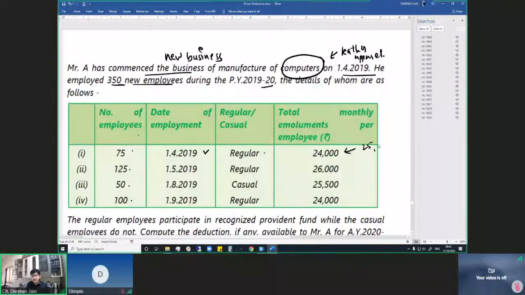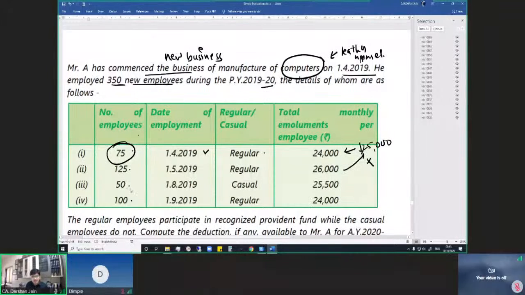That is lesser than 25,000. Since it is less than 25,000, they all qualified to be classified as additional employees. Thereafter, 125 employees on 1/5/2019, again classified as regular, but the total emoluments exceed 25,000. Since they exceed 25,000, nothing is allowable as deduction.